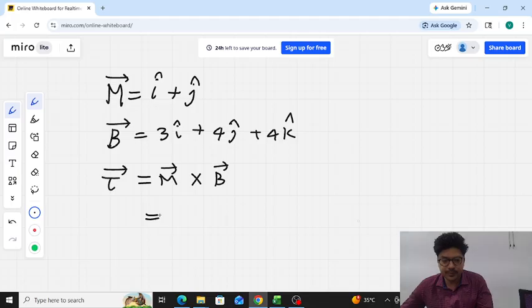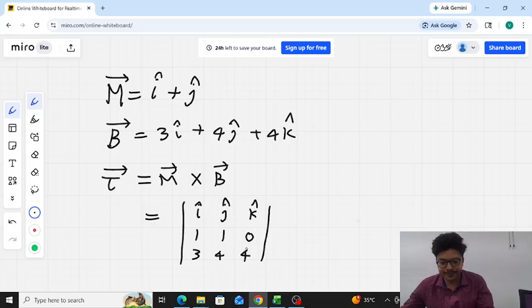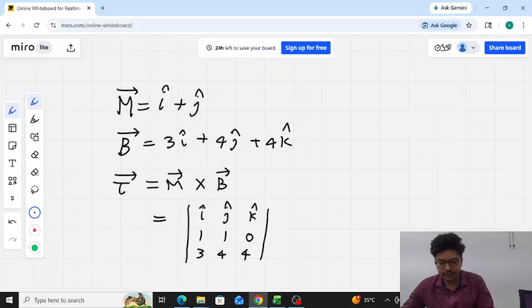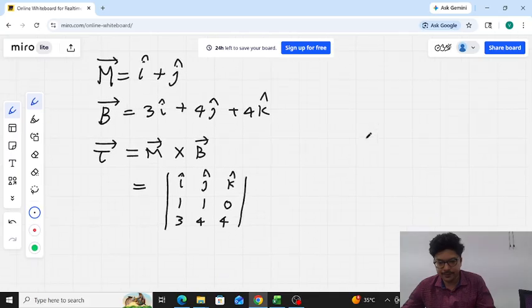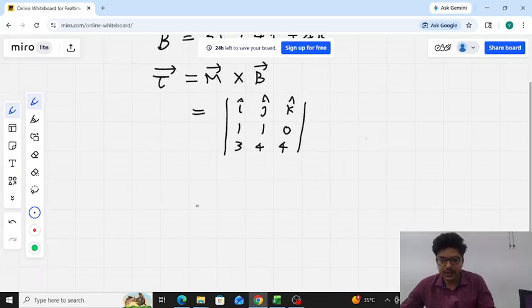So this will be equal to the determinant of i j k, then the coefficients for the m vector, 1 1 0, and then here we have 3 4 4.